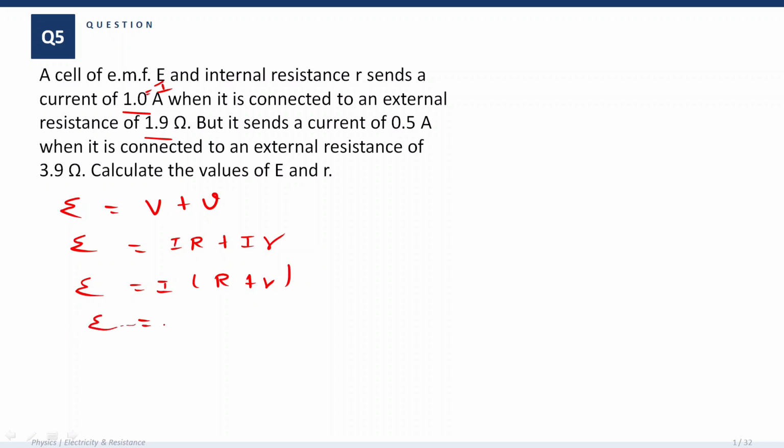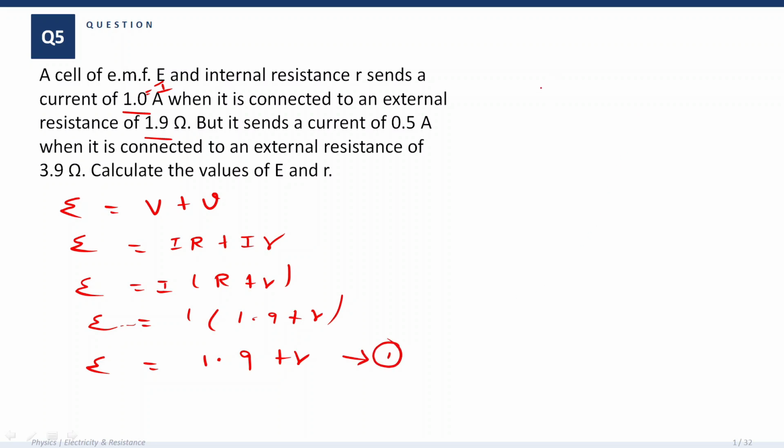Epsilon equal to I value is 1, external resistance 1.9 ohm plus internal resistance small r. So finally epsilon equal to 1.9 plus r. This is equation 1.